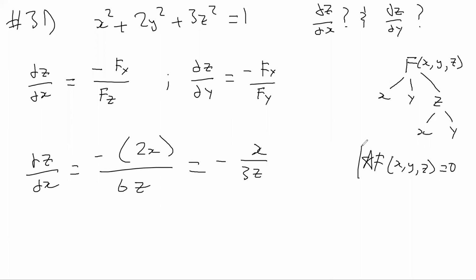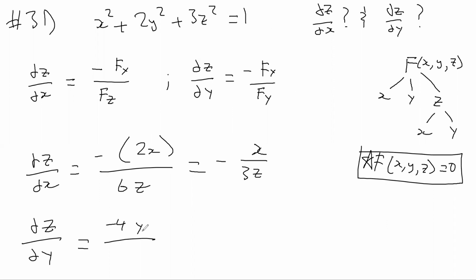That's one key thing to note. In this case it didn't matter because this was a constant, but if you have to, move everything over to one side for big F. Then finding dz over dy, that's negative f sub y, 4y, all over 6z, which is negative 2/3 y over z.